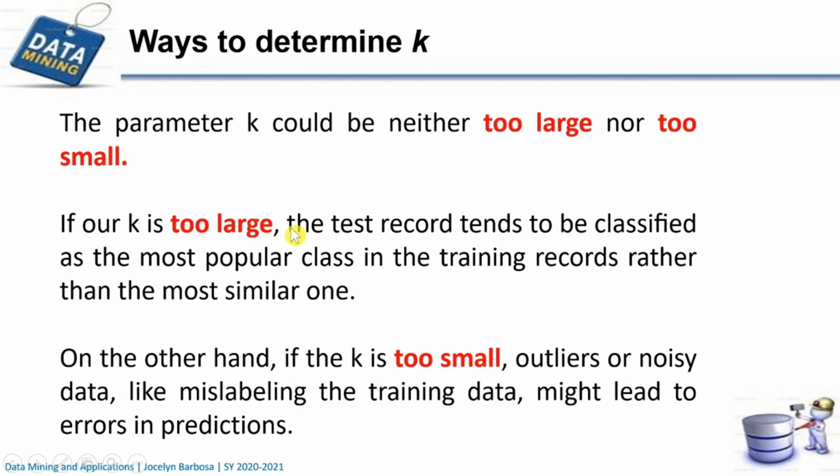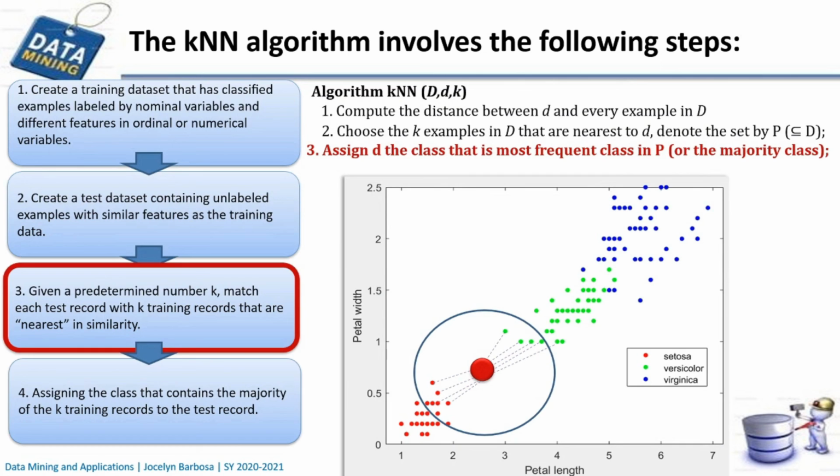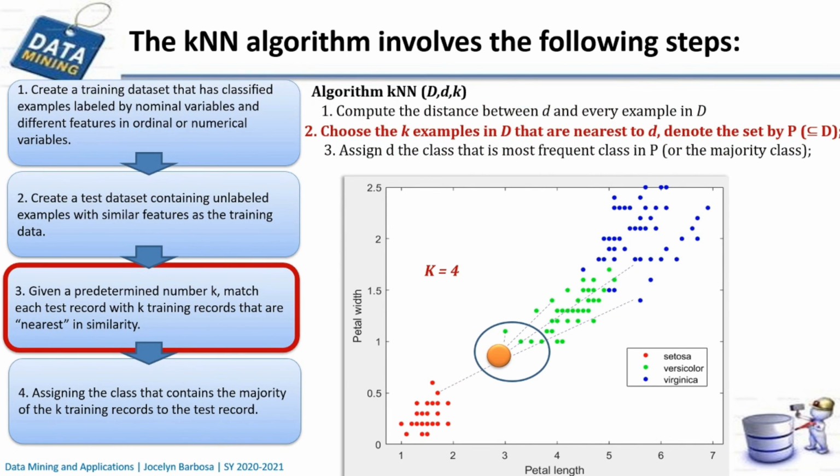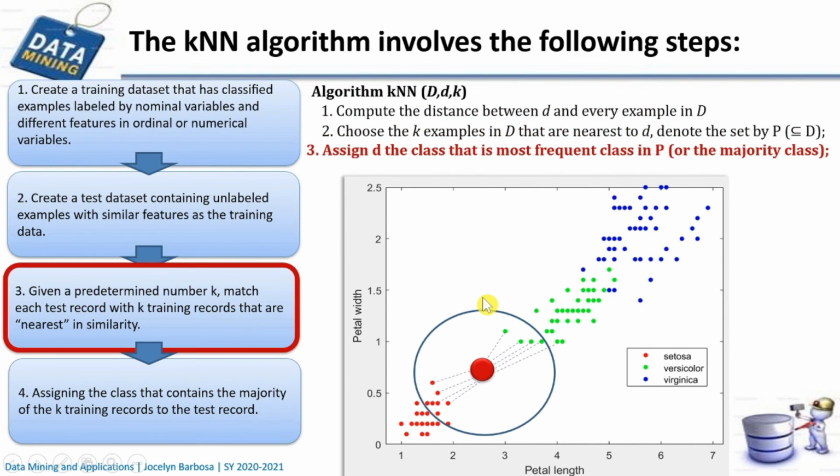So the question is, what are the methods or approaches to determine our K then? Because in our early example, we set K equal to, take a look here, 4, and then we also used K equal to 12.